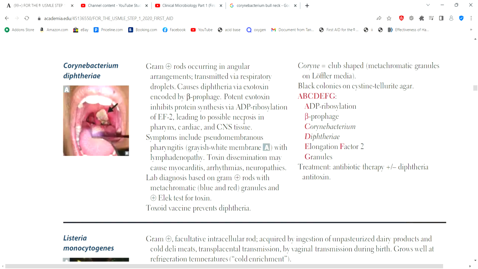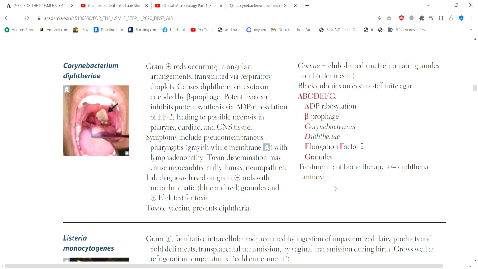The exotoxin stops protein synthesis in the body by ADP ribosylation of elongation factor 2, leading to necrosis of the pharynx, cardiac tissue, and the CNS tissue. And also, Corynebacterium uses beta prophage, EF2, and the granules. Remember metachromatic granules seen on Loeffler media, blue and red.